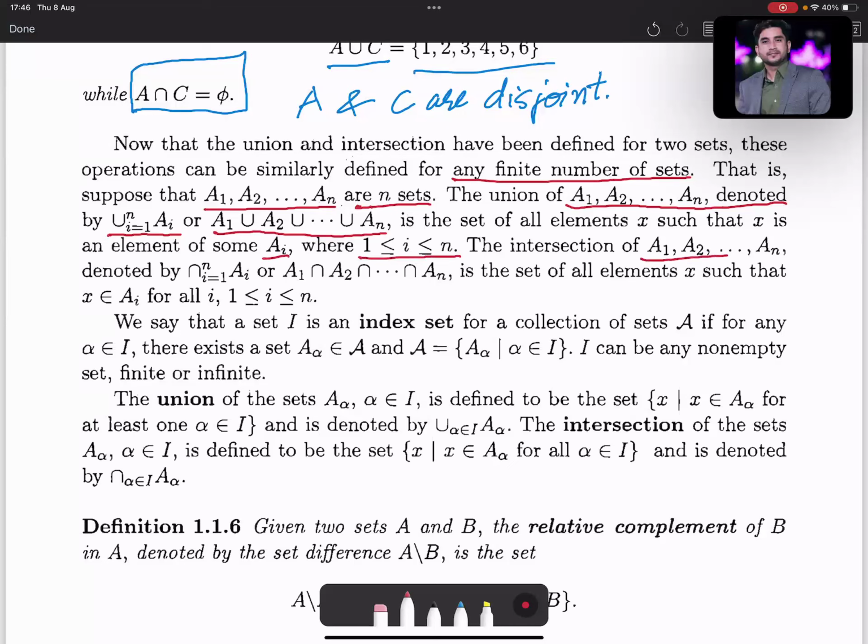The intersection of all these sets can also be denoted by this sign or like this, and is the set of all the elements x that are in every A_i, for all i.